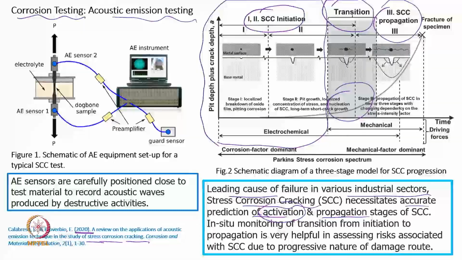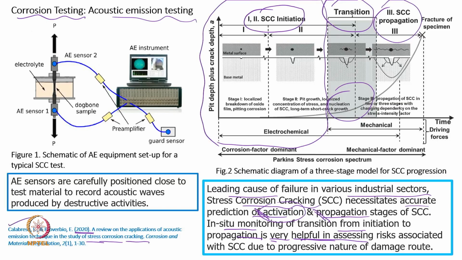But if it has started, is getting some sort of activation energy and begins to progress, it will subsequently propagate also. That is where we require this kind of testing, and as I mentioned, in situ monitoring of the transition from initiation to propagation is very helpful. This is a major advantage of acoustic emission for a number of industrial sectors.